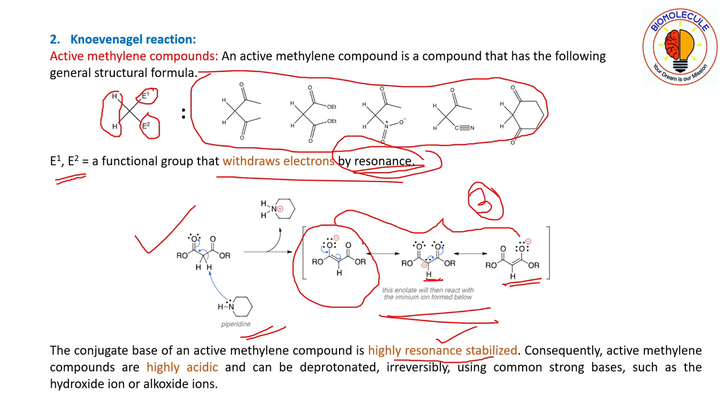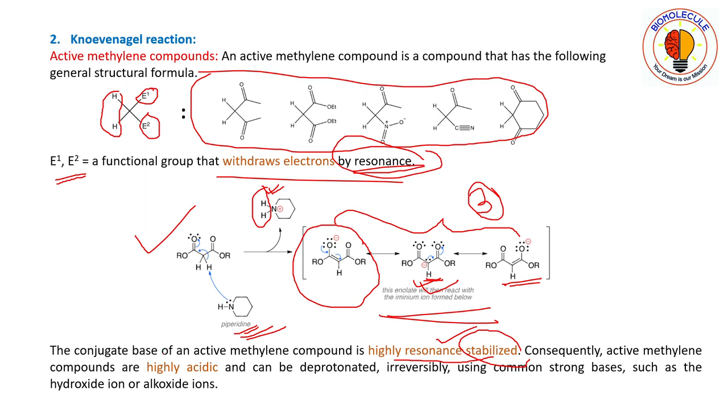That means the negative carbanion formed will have a very low tendency to take up the proton which it has lost to the piperidine molecule. So the conjugate base is highly resonance stabilized.